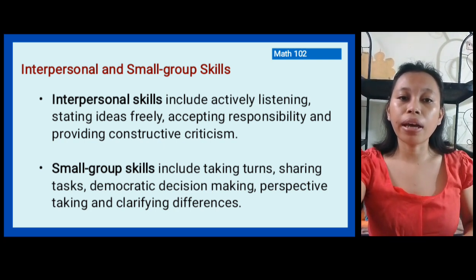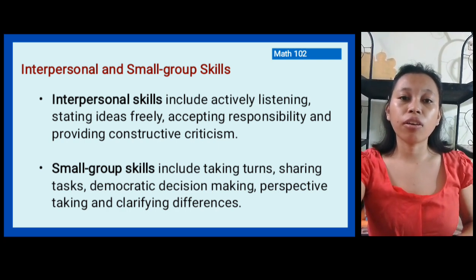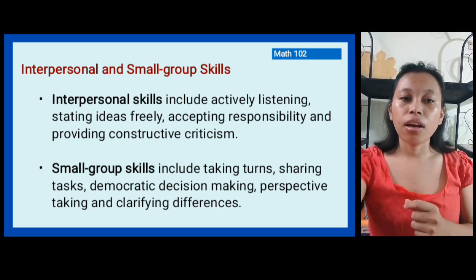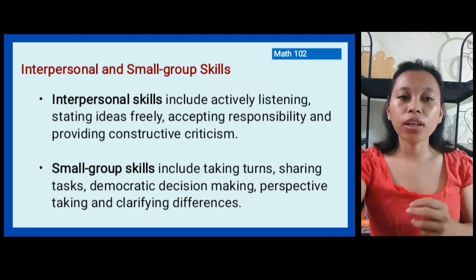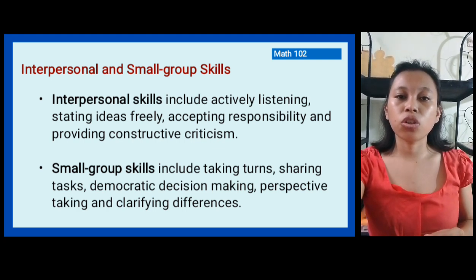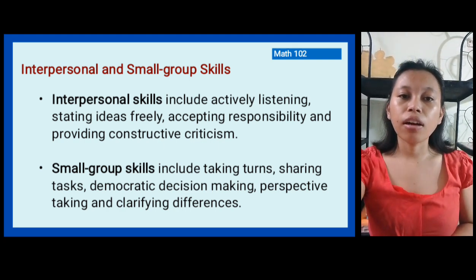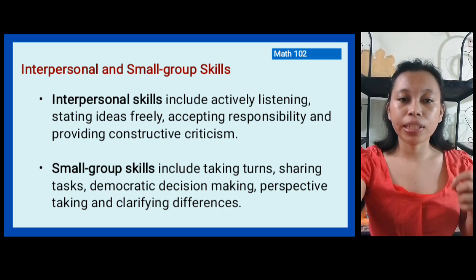The small group skills are essential for working effectively in teams. They involve taking turns, sharing responsibilities, making decisions together, understanding others' viewpoints, and resolving conflicts respectfully. That's the small group skills.